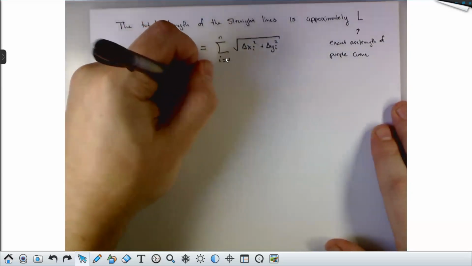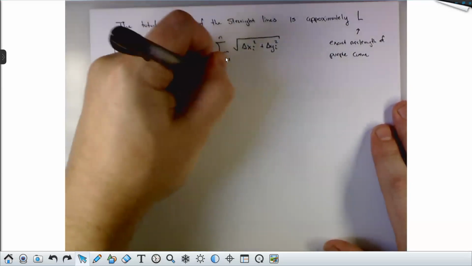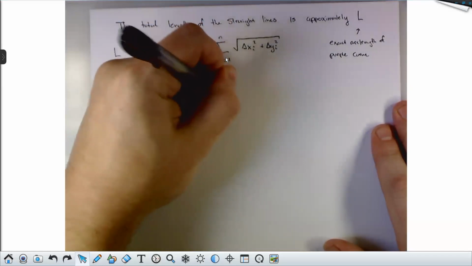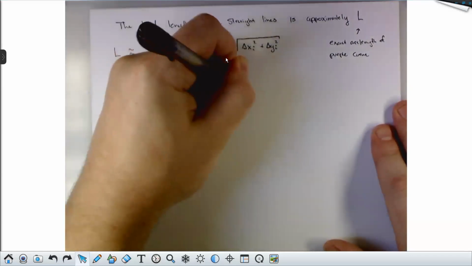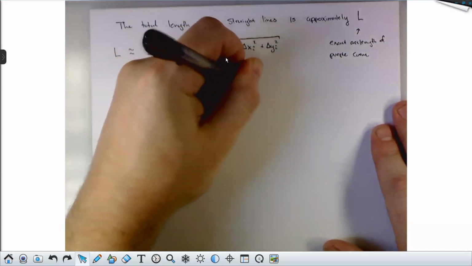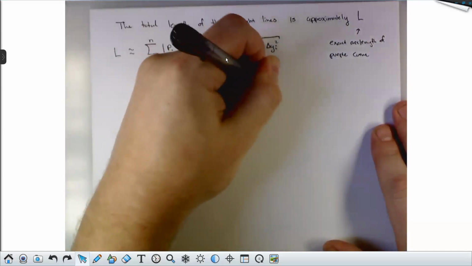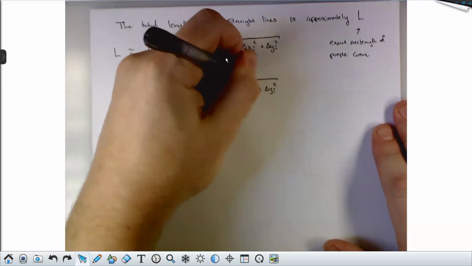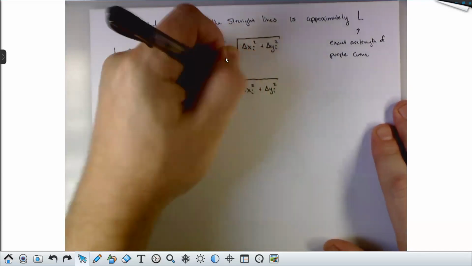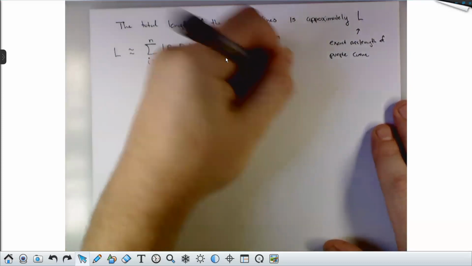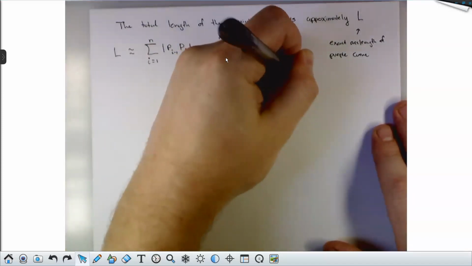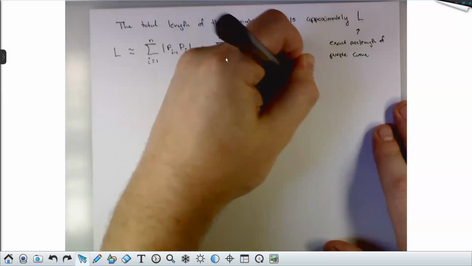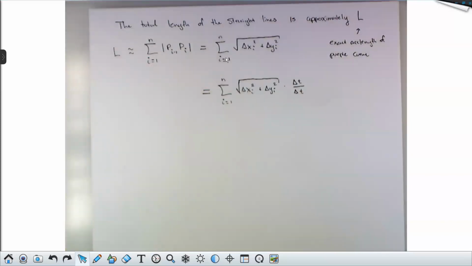I want to do the integral with respect to t, which means I need to introduce a delta t term. And the way we do that is by multiplying top and bottom by delta t.